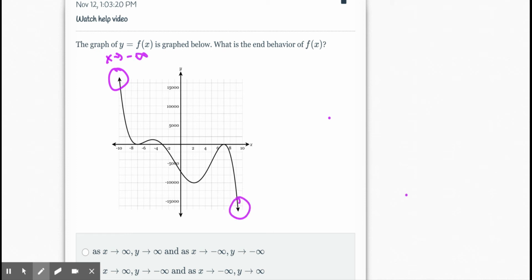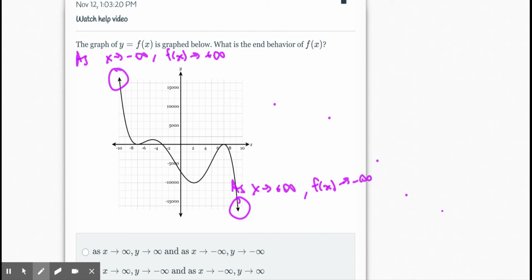And then this right side is going to tell you what happens as x goes to positive infinity. Just identify if the function is going down to negative infinity, which it would be in this one. So this would be as x goes to negative infinity, f of x is going up to positive infinity, right? And this one will be as x goes to positive infinity, f of x going down to negative infinity. So hopefully you're getting the hang of it there.